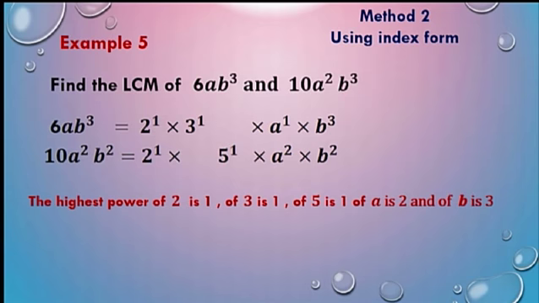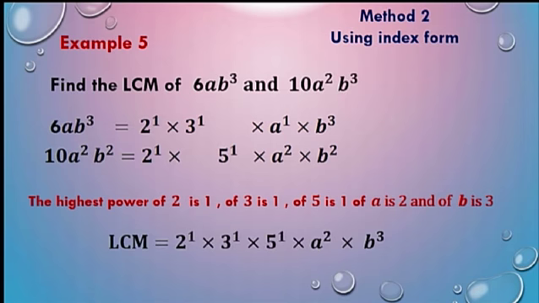In the first column, we have the highest power of 2 is 1, the highest power of 3 is 1, and the highest power of 5 is 1. Concerning the algebraic terms, the highest power of a is 2, and the highest power of b is 3. The LCM is 2 power 1 times 3 power 1 times 5 power 1 times a squared times b cubed. We write the final answer as 30a squared b cubed.